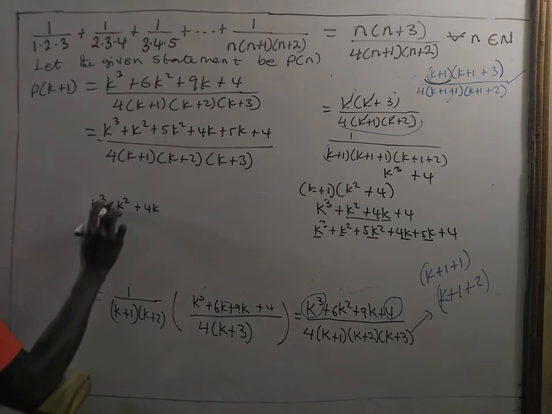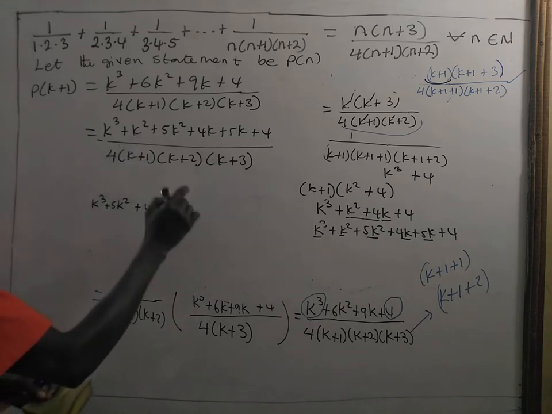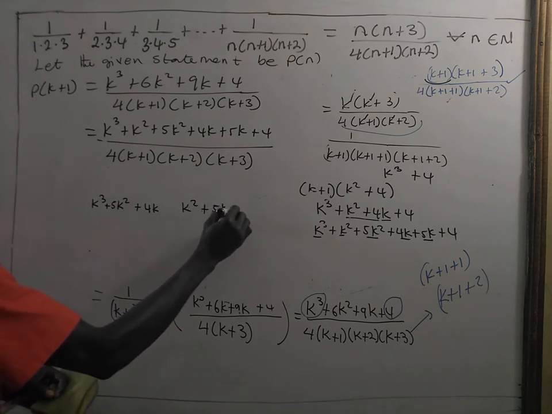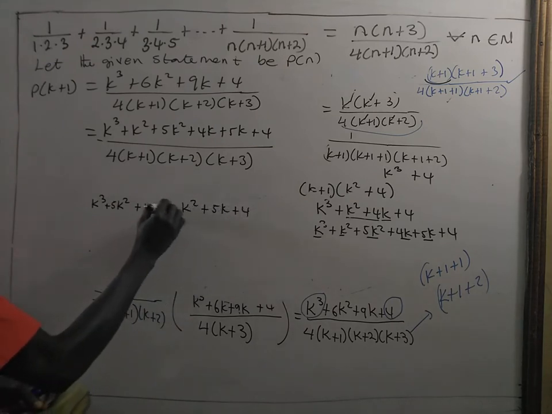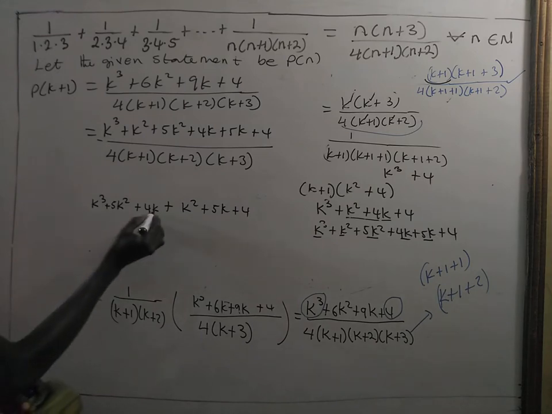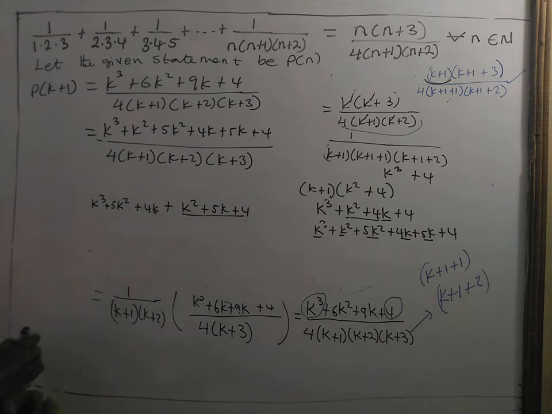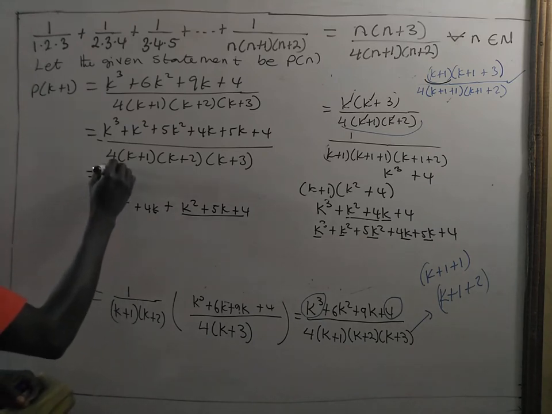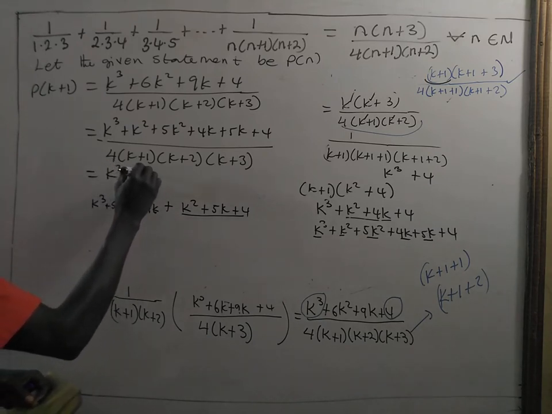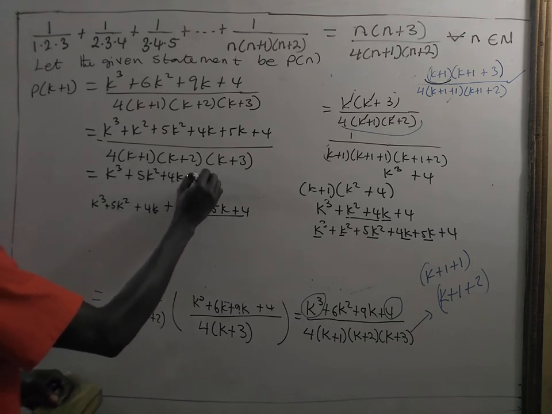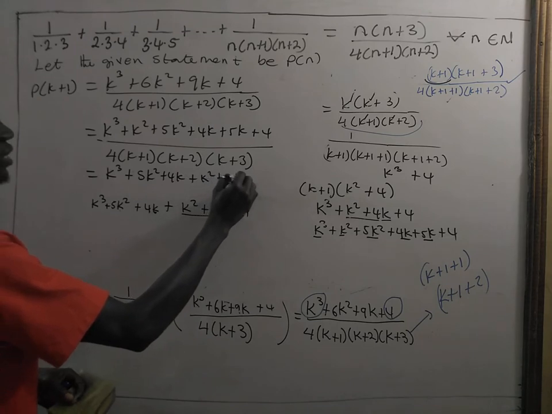Here, let's use the 5k squared. And here we have k squared plus 5k plus 4. Okay, this makes sense. Because here, if we factorize k out, you get this, so that we can get two common terms. So here we have k cubed plus 5k squared plus 4k plus k squared plus 5k plus 4.